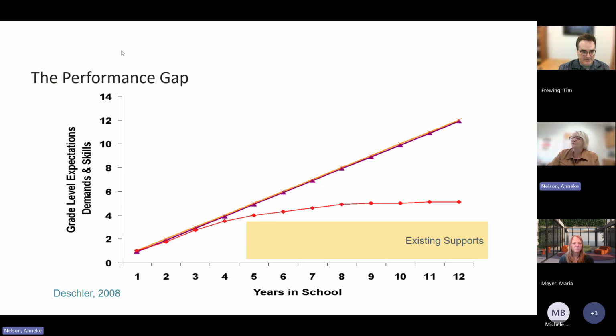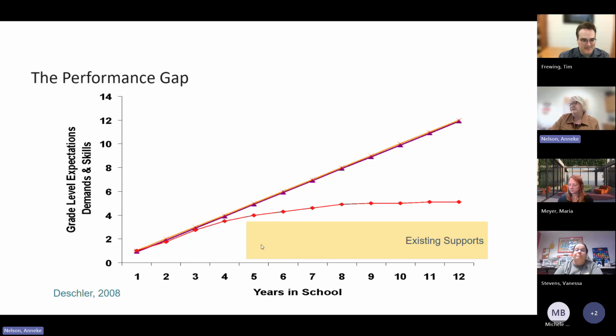With non-tiered existing supports, we're often not meeting those students intensely enough. Overall, there isn't a catching up of students; they just continue on and level off with those kinds of supports.